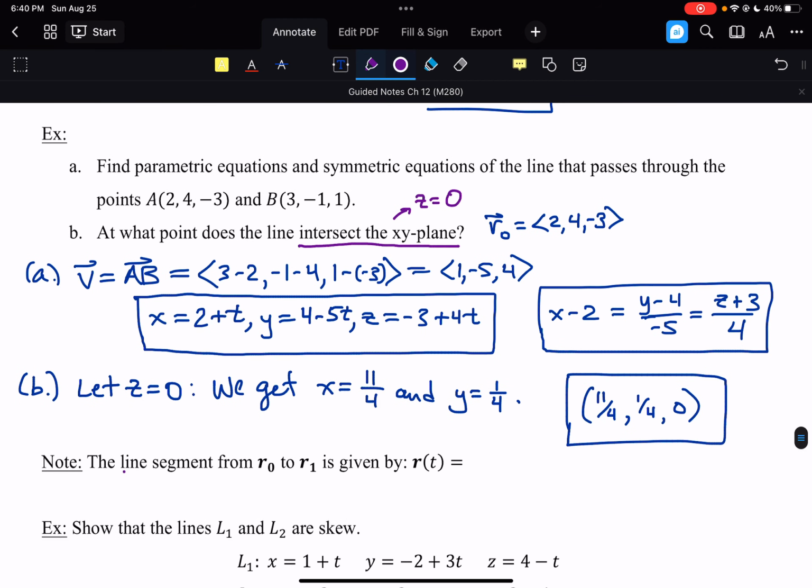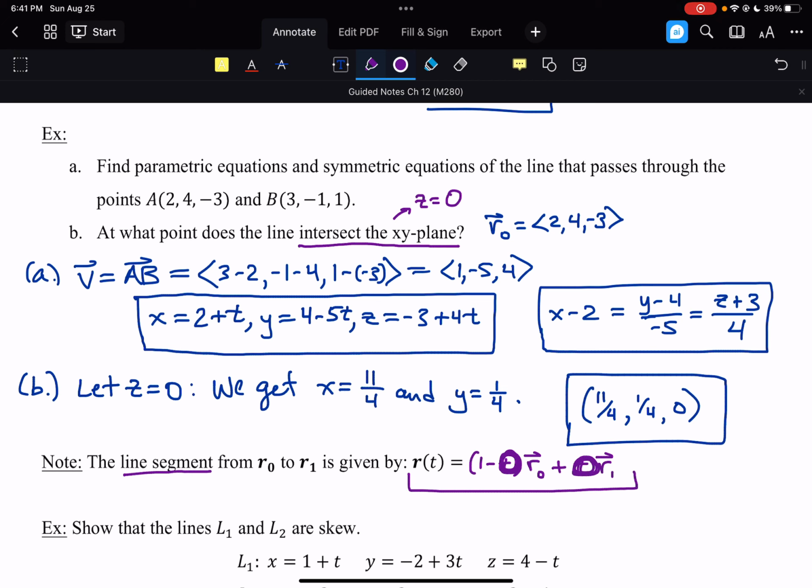So note, the line segment from R0 to R1 is given by a formula in terms of t. R of t equals (1 minus t) R0 plus t times R1. So this formula we will end up using a lot more down the road. But basically, as you go from R0 to R1, if t starts at 0, then we would end up getting R0 plus nothing.